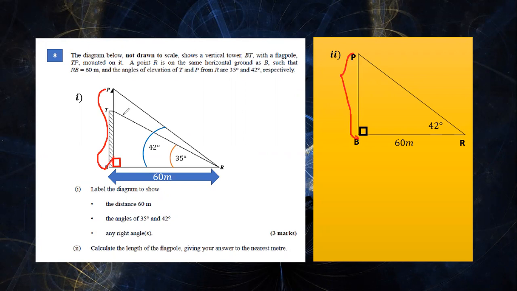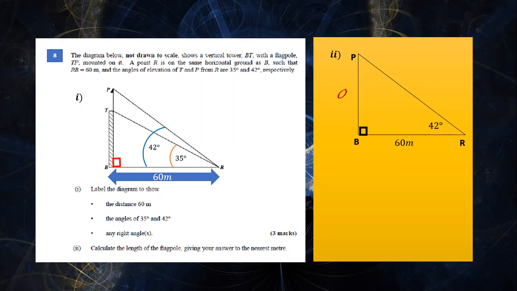So the next step is we're going to find this length here. But first, we have to find the PB first, which is the total length from the ground to the top. Let's designate that part as O, because I'm going to use sine or cosine or tangent in order to find out this length.